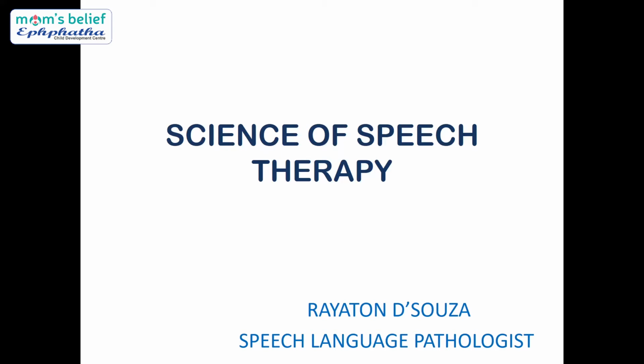When we think about language disorders or speech disorders, ultimately two things come to our mind. The first is speech therapy, and the second is occupational therapy. These are the main two things we focus on, because every child has to speak. That is what all the parents are looking for, and every child should be independent, able to do day-to-day activities on its own.